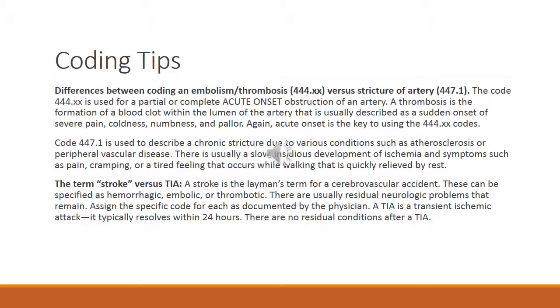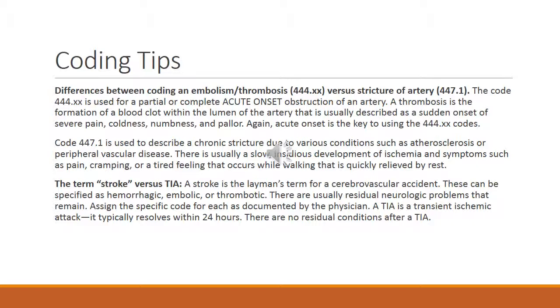Again, acute onset is the key to using the 444.XX codes. Now, code 447.1 is used to describe a chronic stricture due to various conditions such as atherosclerosis or peripheral vascular disease. There is usually a slow insidious development of ischemia and symptoms such as pain, cramping, or a tired feeling that occurs while walking that is quickly relieved by rest.